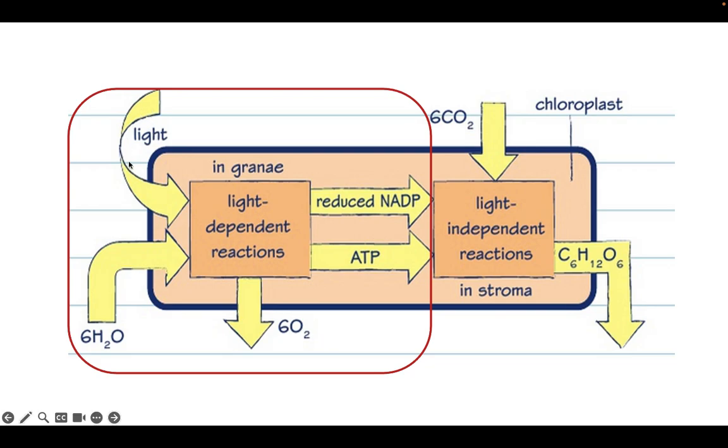So here you're going to capture that light using chlorophyll. You're going to produce your two molecules, which are ATP and reduced NADP. And also you're going to feed some water into the system and you're going to produce some oxygen. So we're going to look at this stage in more detail next.